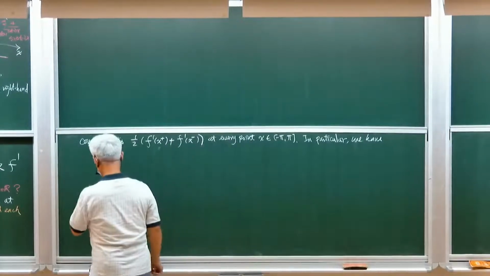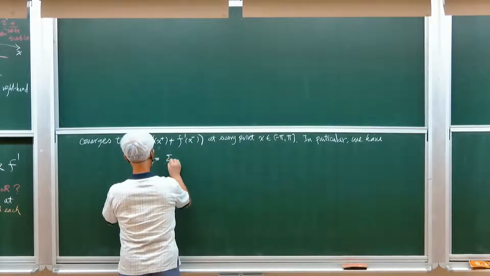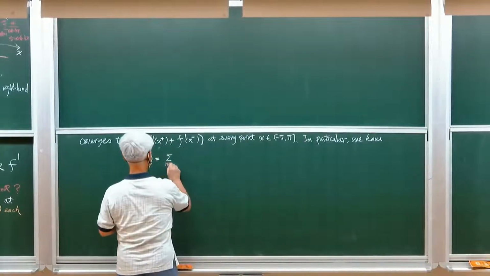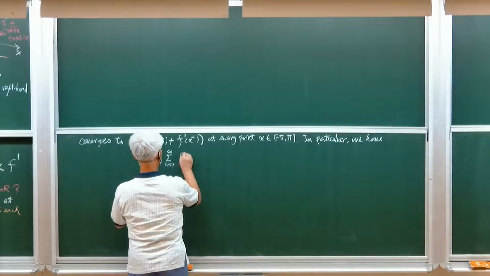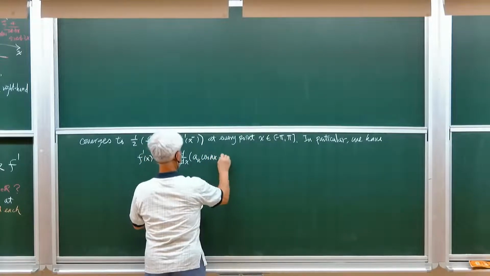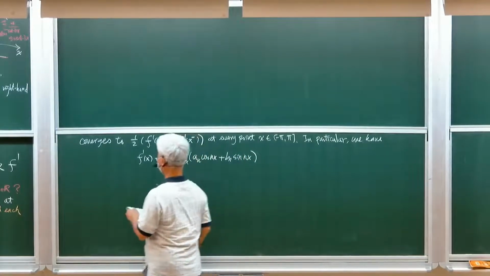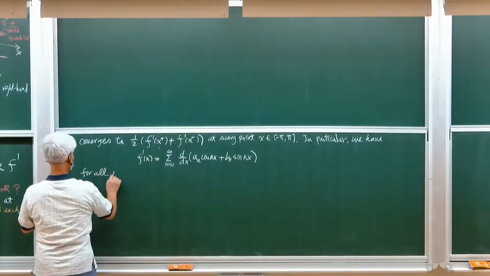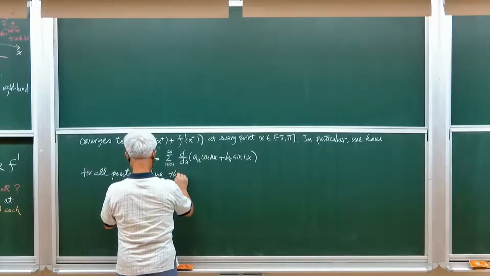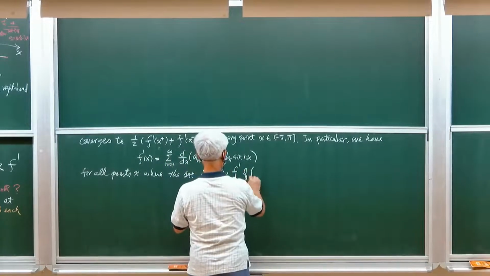And the representation theorem: the derivative is equal to this, for all points x where the first derivative f prime is continuous.